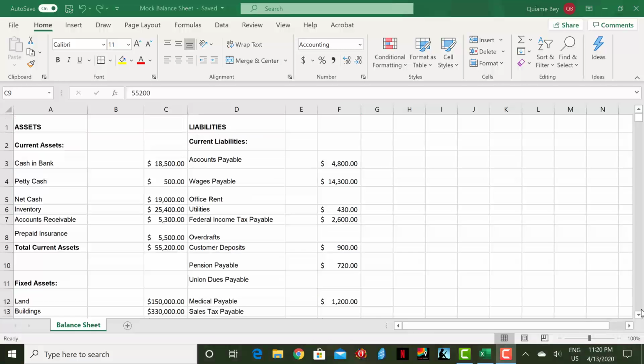The first section we will calculate is the current assets. To calculate the current assets, we will put the necessary formula into cell C9. In cell C9, we will insert equals C5 plus C6 plus C7 plus C8 and either press return or click on another cell.